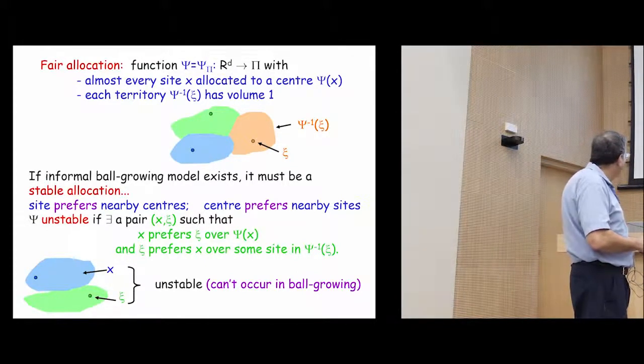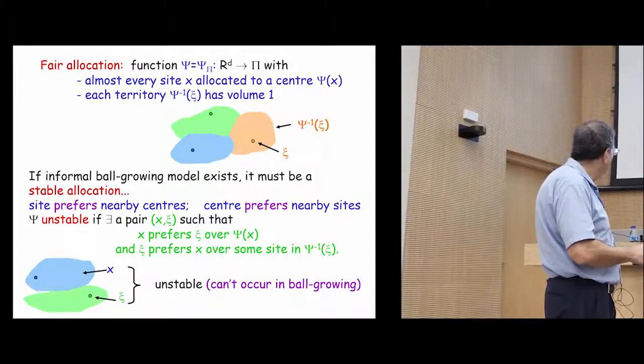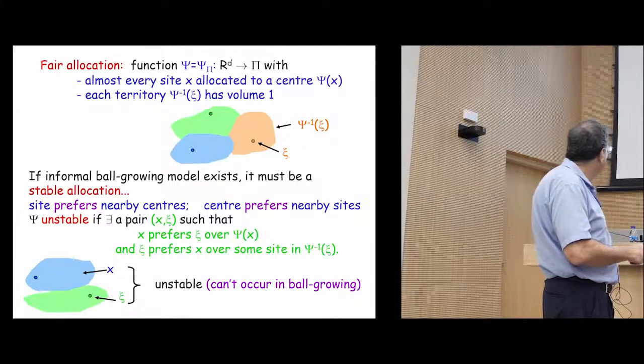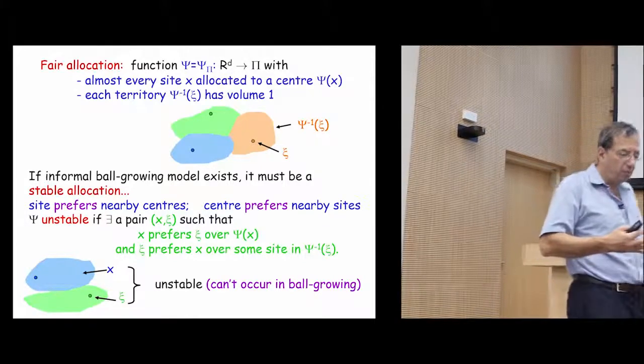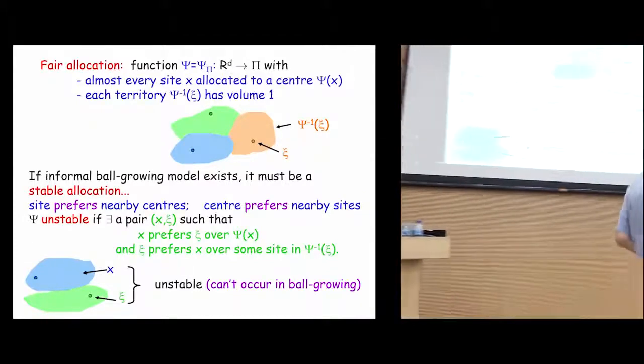Here is a center C and a point X. This partition would be unstable in the sense that X is not in the territory of C, but it's closer to C than to its own center. And conversely, C has some points that are further than X. So C and X would prefer to match up than to have their current allocation.